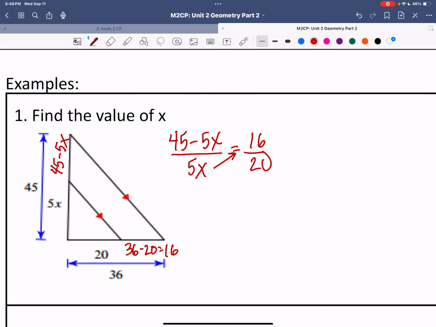So remember, we're going to multiply across. Don't forget to put it in parentheses.